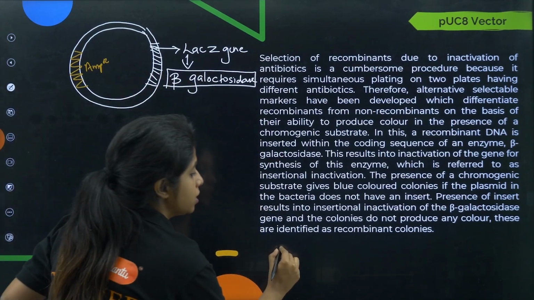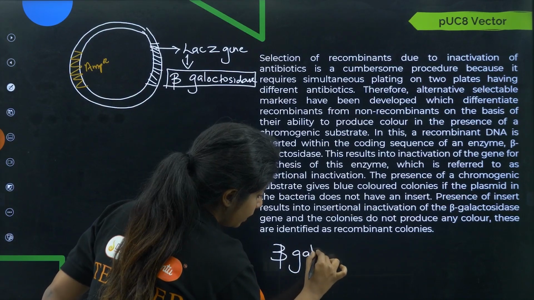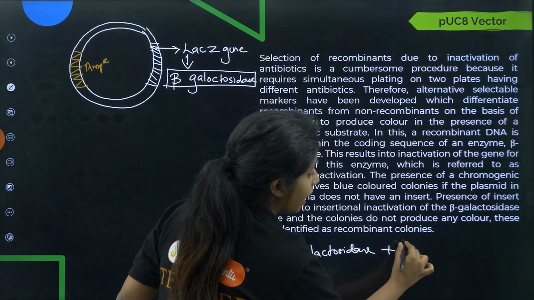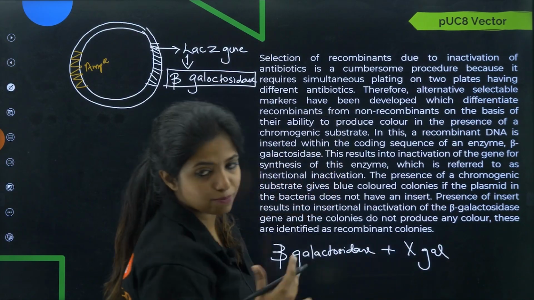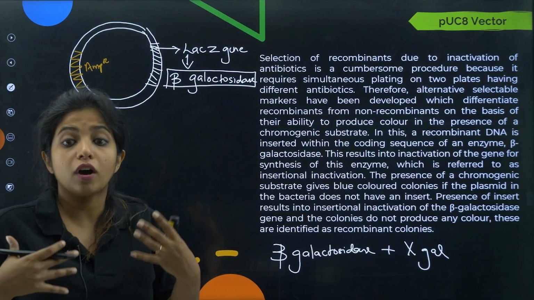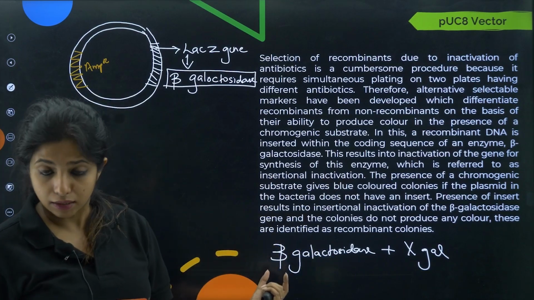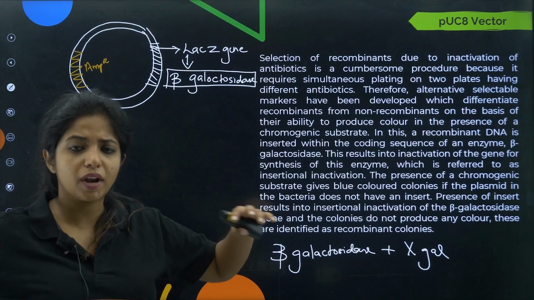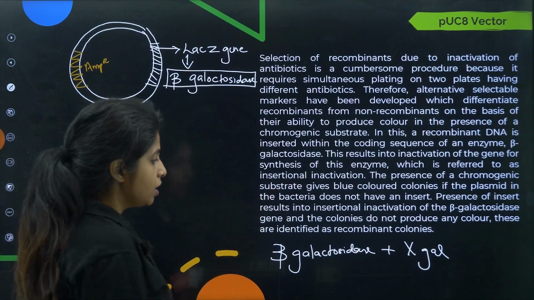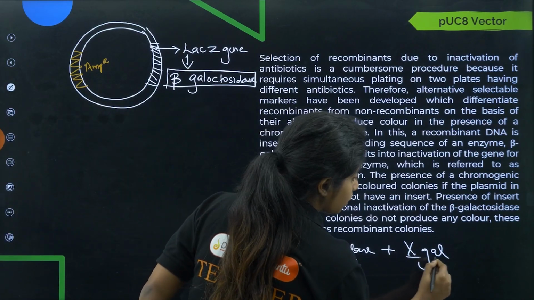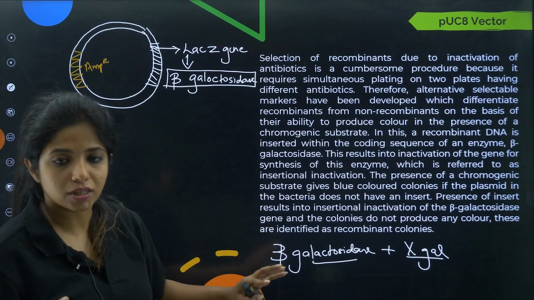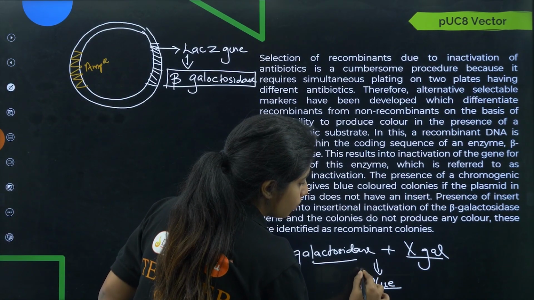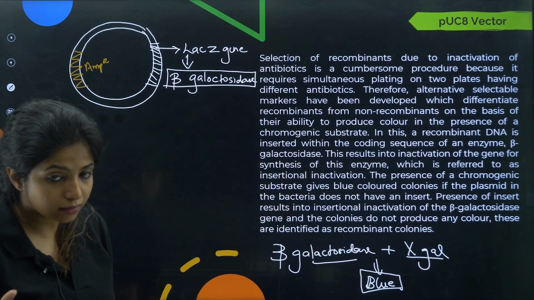If beta galactosidase comes in contact with X-gal, which is another chromogenic substance, chromogenic as in it will show its color when interacting with something like this, then it will change its color. There is some breakdown happening, which is why the color is being emitted. So when beta galactosidase comes in contact with X-gal, it gives a blue color. That is something you should know.